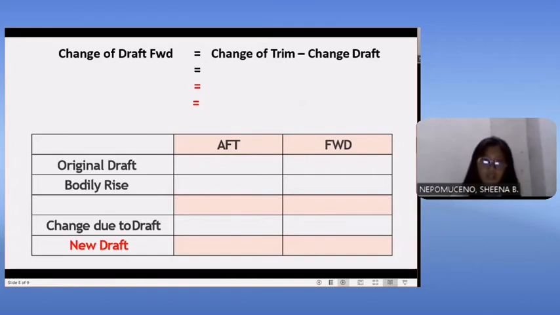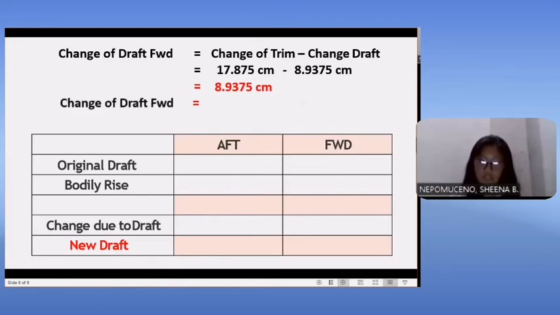For the change of trim, we have 17.875 centimeters, and for the change of draft, we have 8.9375 centimeters. Then we subtract the two measurements, and we will have 8.9375 centimeters. And for the change of draft forward, we will have a final value of 0.09 meter.